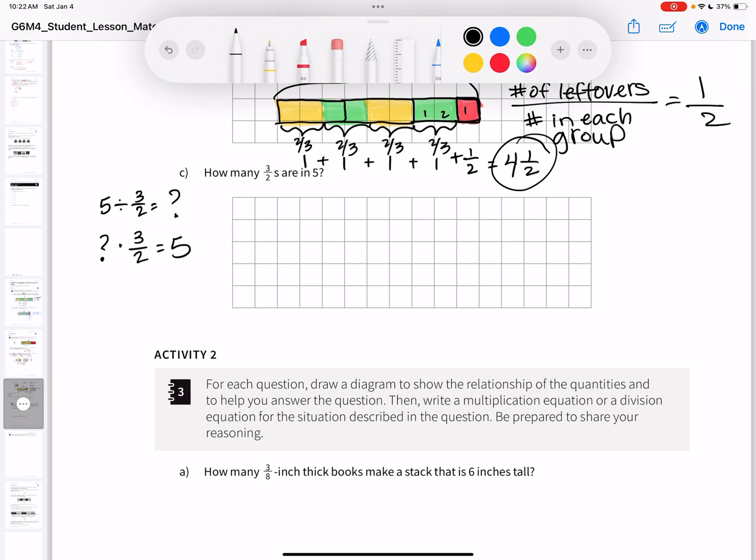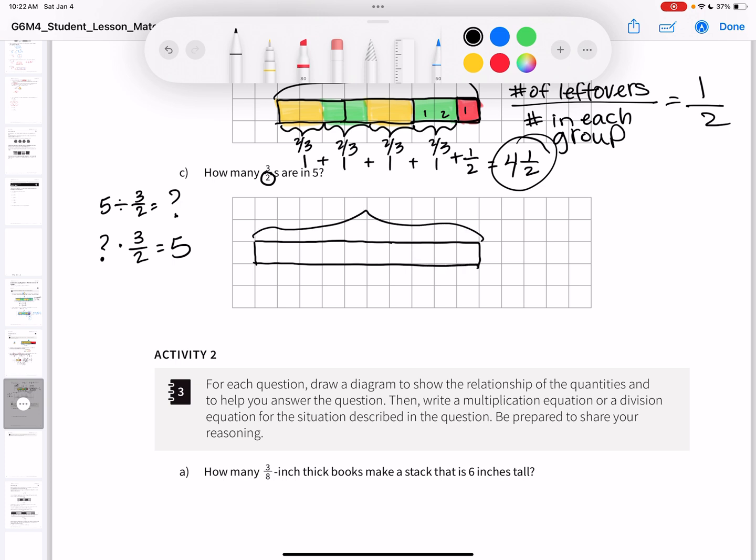All right, so we have this 2 here, which means each of my groups of 5 should have 2 boxes in them. So here we go. We have 1, 2, 3, 4, 5.